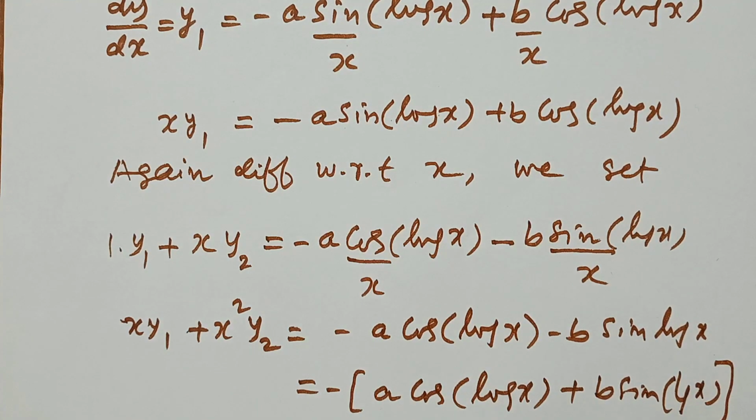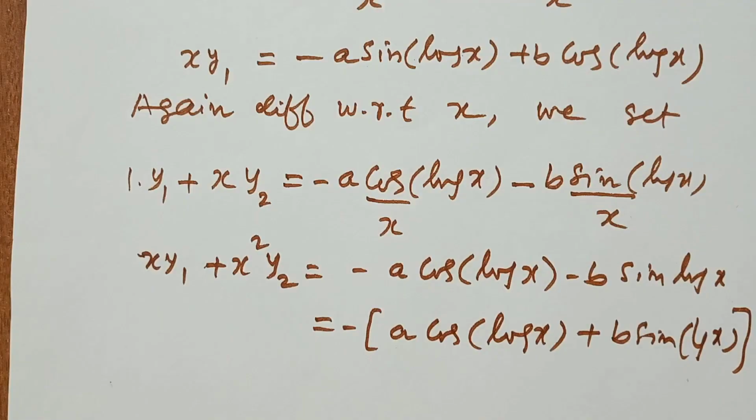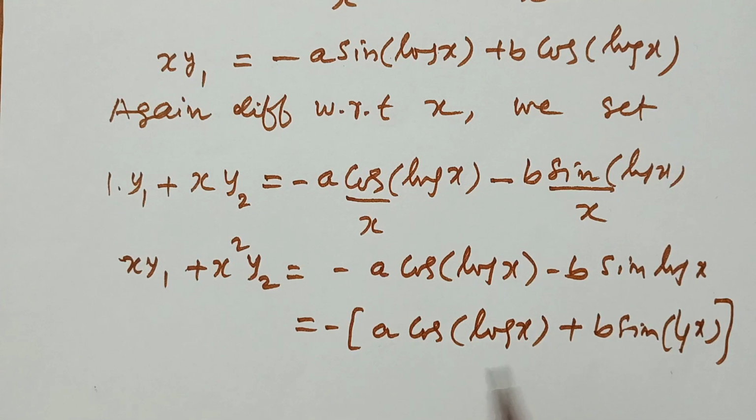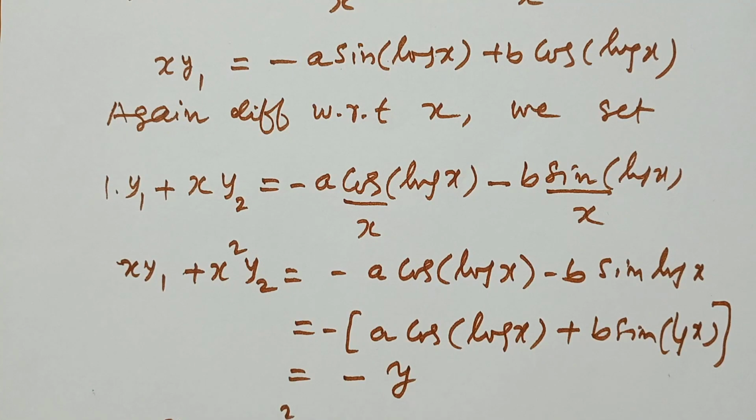This is again the given y, so this is minus y. Taking all the values to one side, we get x y1 plus x² y2 plus y equal to 0.